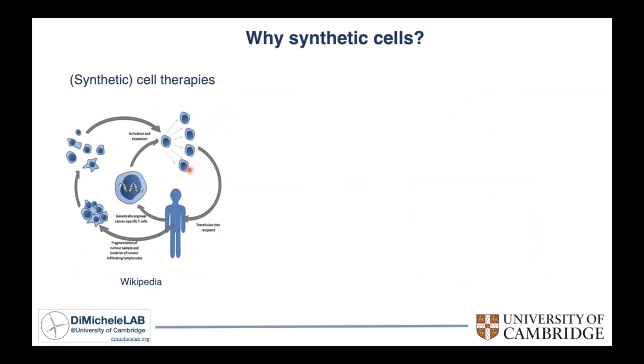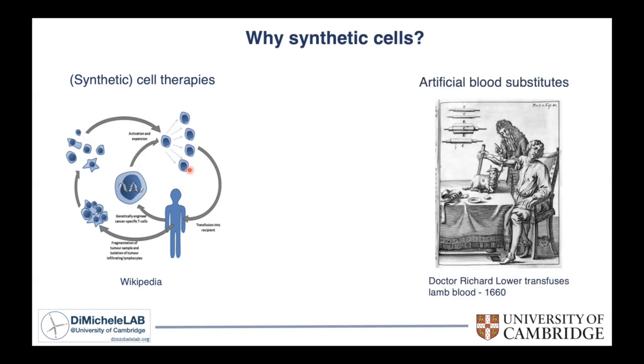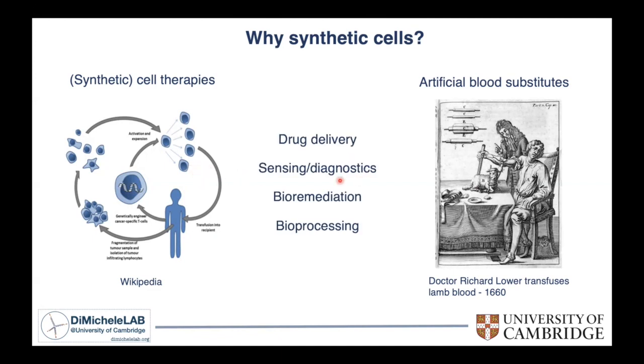The holy grail here would be building perhaps an immune synthetic cell that you could put in the body, and then it could sense the presence of a certain biomarker and then perhaps migrate towards the site of a certain disease, and there produce and release therapeutic compounds, so as to have a low toxicity therapy. This is, of course, something that is perhaps a couple of decades away, but there are more approachable applications, for example, constructing synthetic blood, or slightly smarter drug or vaccine delivery systems, or sensing and diagnostic platforms.